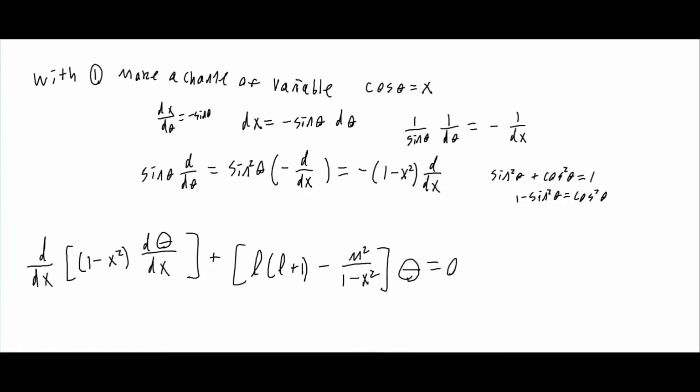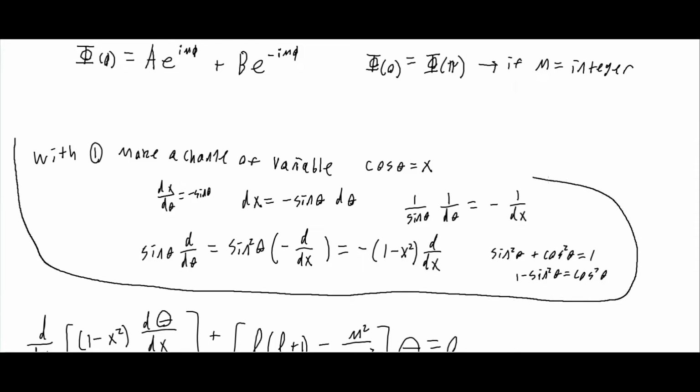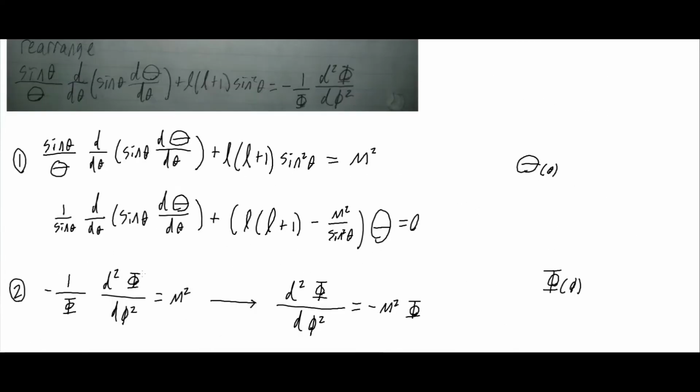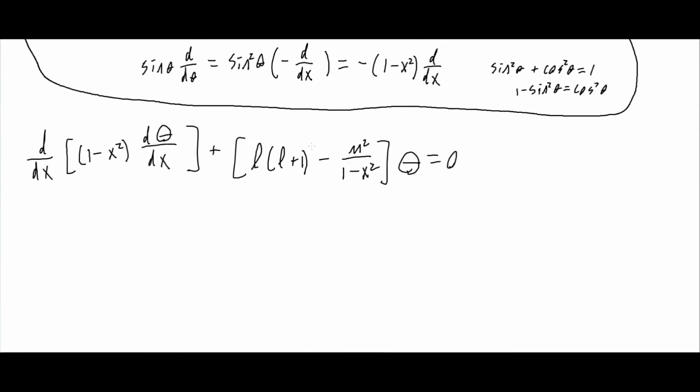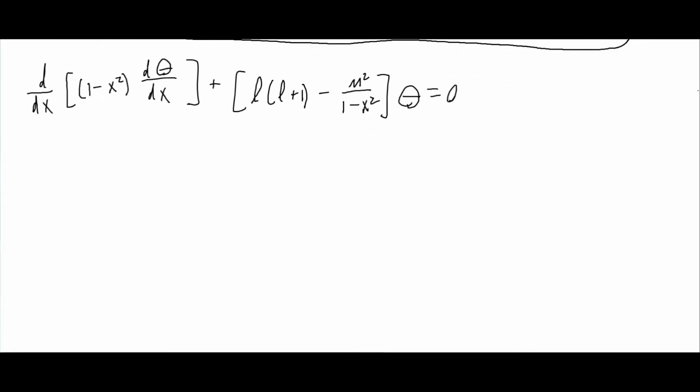So that's what all this change of variable was for, so that we could get everything to look like our associated Legendre equation. It was in order that we could get the theta part of the equation, and that was the reason why we had it equal to m squared here as well, so that we could get it in the form of the associated Legendre equation.